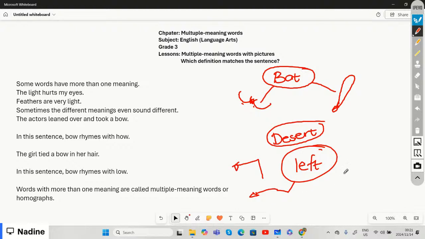And then the other meaning is leave: I left, or the plane left for Europe, or the plane left for Africa, or something. Those are the two meanings of the word left.